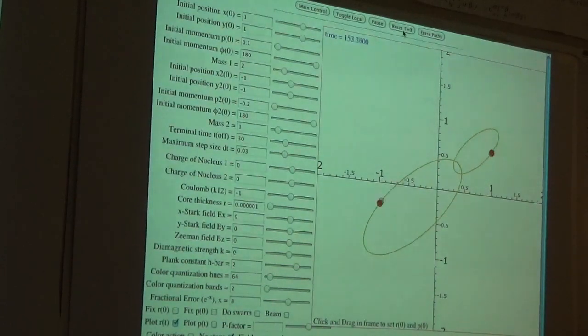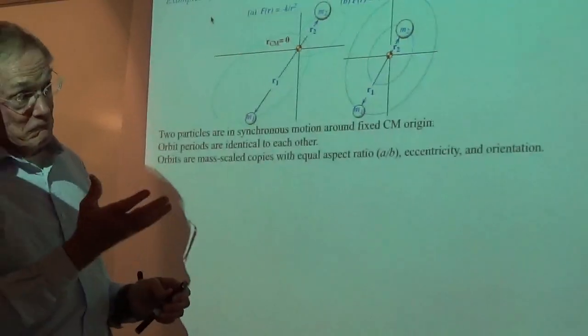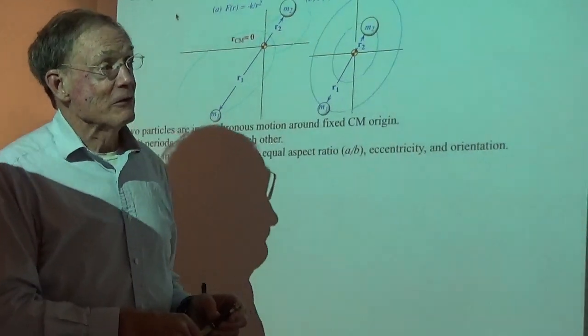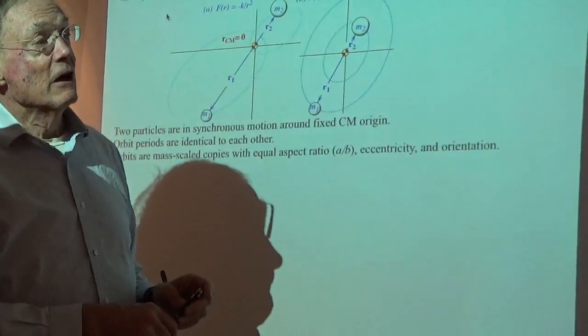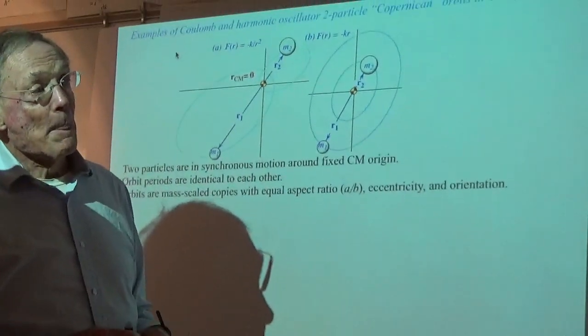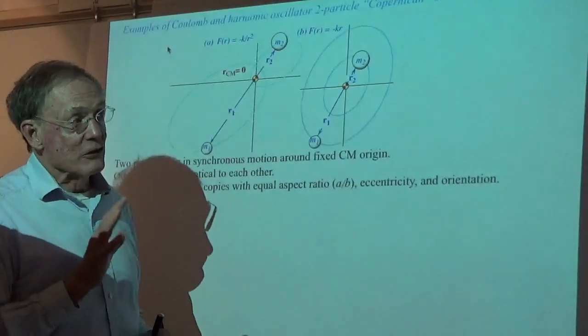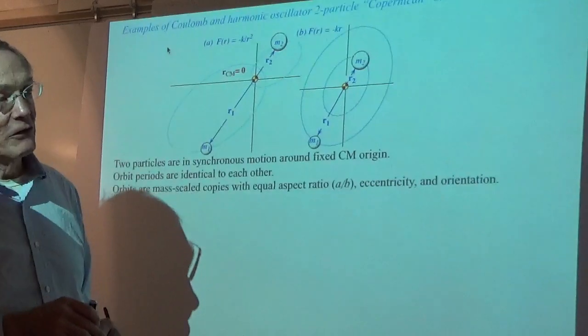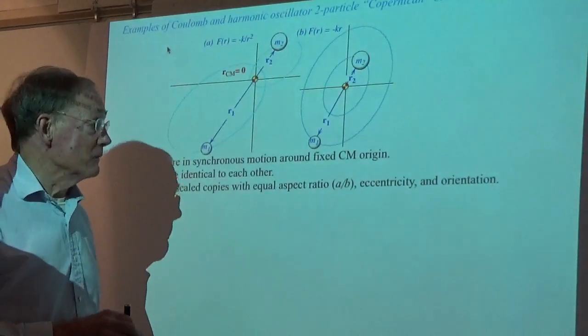And you can do it for either one of them. So that's the whole idea of this Copernican view. You sit on one, you sit on the other, but when you stand back from the thing, that's what you get. And that, of course, is the orbit that you would see in the rest frame, where there's no total momentum.